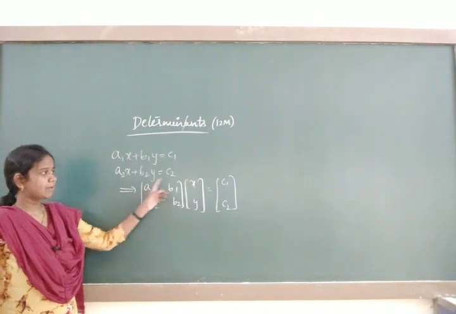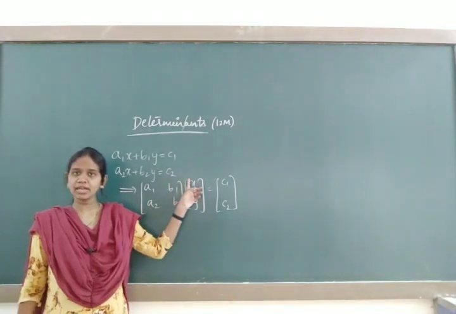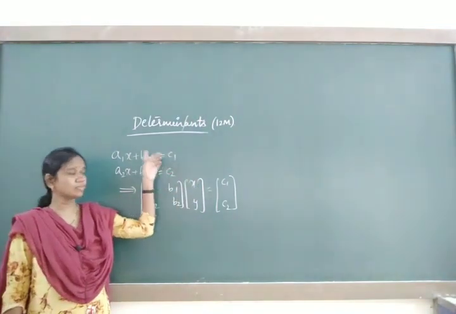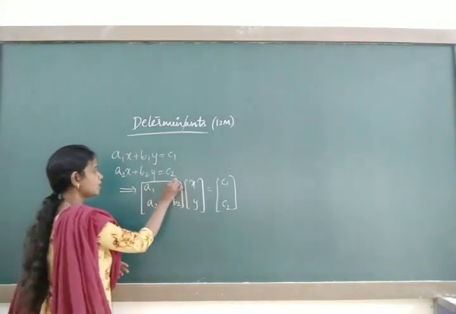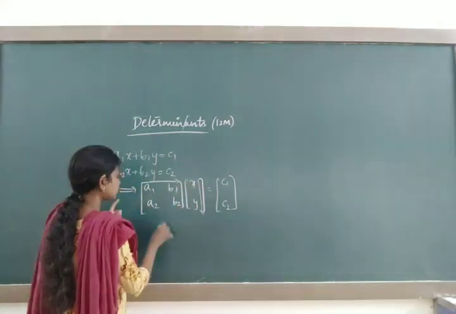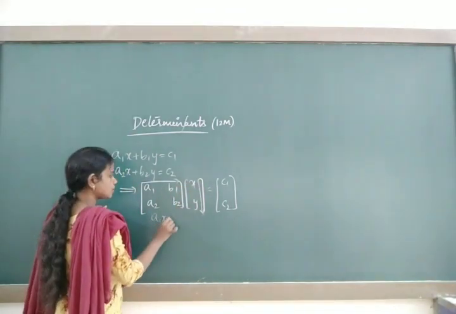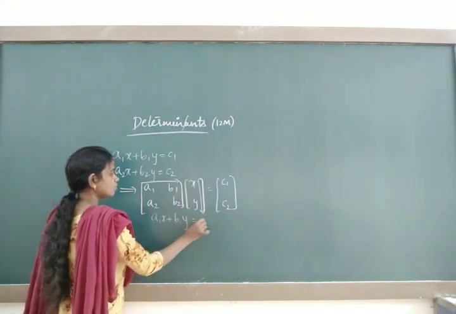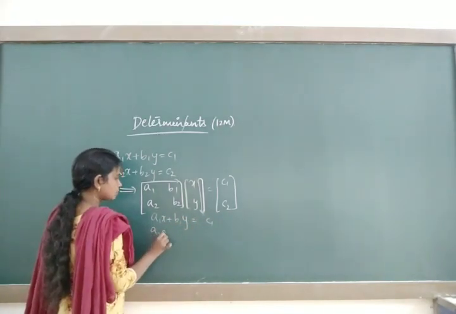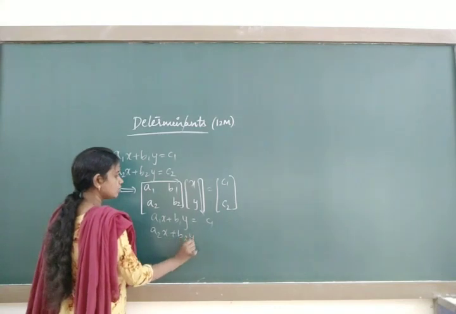If you multiply, as we have studied already in matrices, this system of equations will be back: a1x plus b1y is equal to c1, a2x plus b2y is equal to c2.